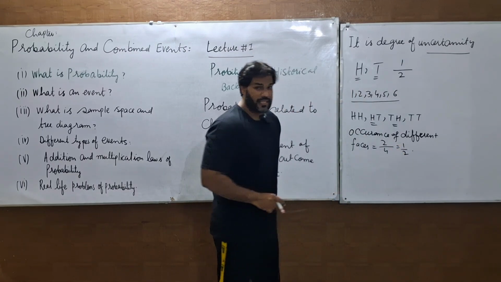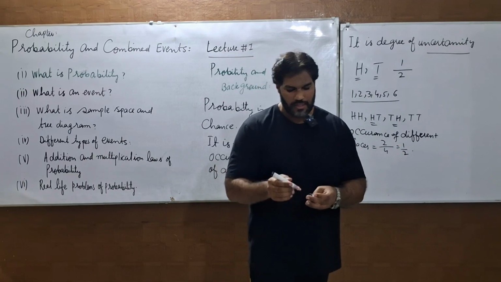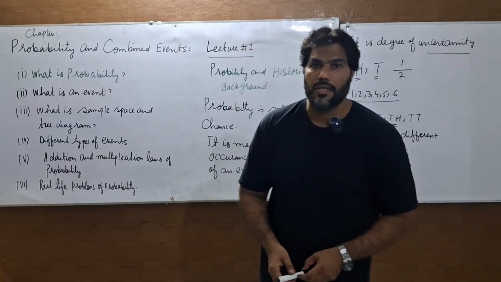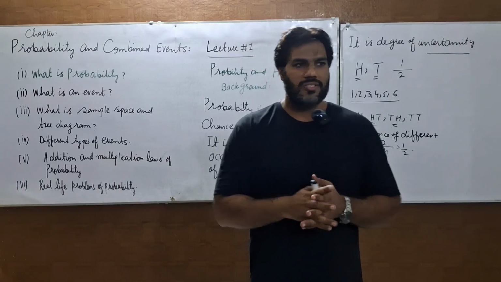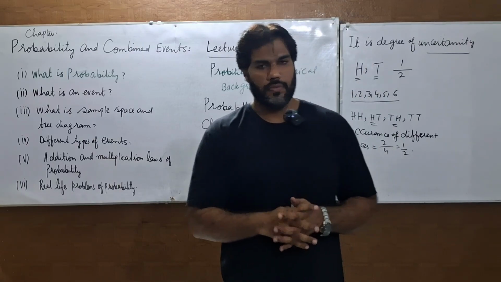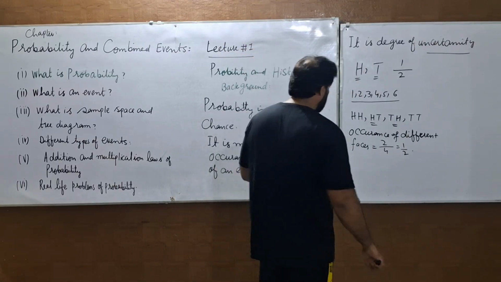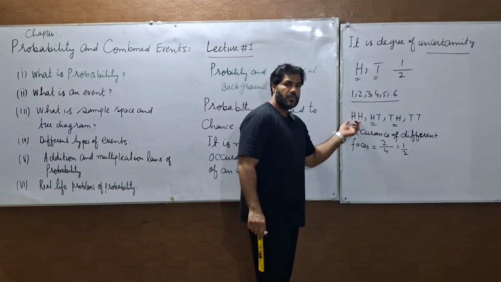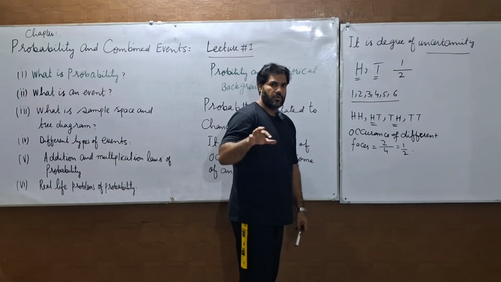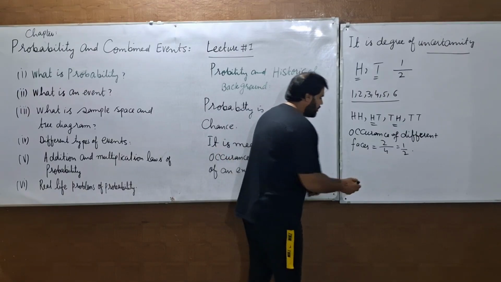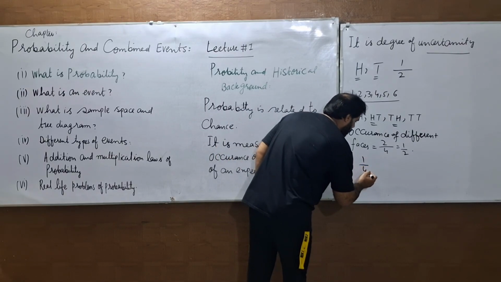Next, if I ask what is the probability that both coins show the same faces, and particularly when I say both faces are head, there is only a single outcome that has head on both coins, so its probability is 1 by 4.